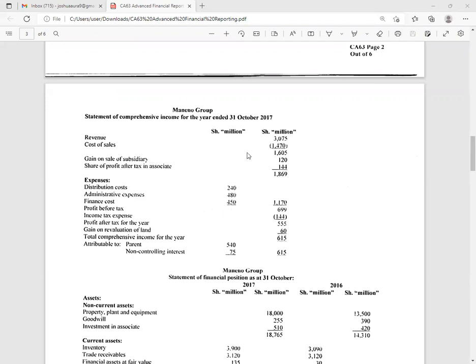This is not an operational item. It's not an item that we got out of our normal sales. So the gain on sale of subsidiary, I need to cancel that from my operations. That will go to a different section.